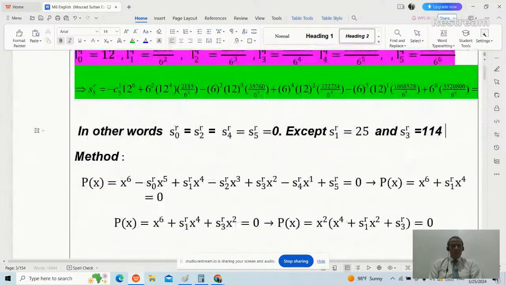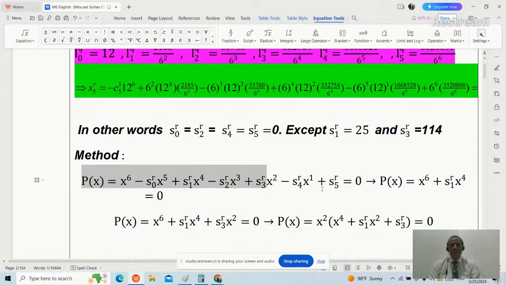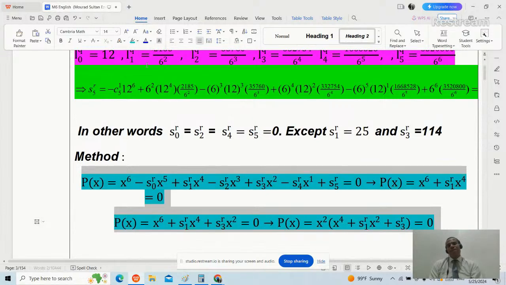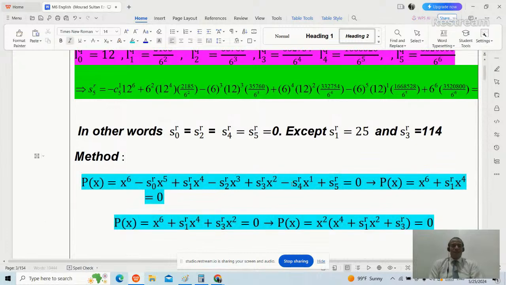any polynomial to the power 6, after calculating the value of S1, S2, S3, S4, has to be written as the following. P of x, I will make it with a wonderful color. Let me see which one. This one is better. Color of the sky, I love the color of the sky.